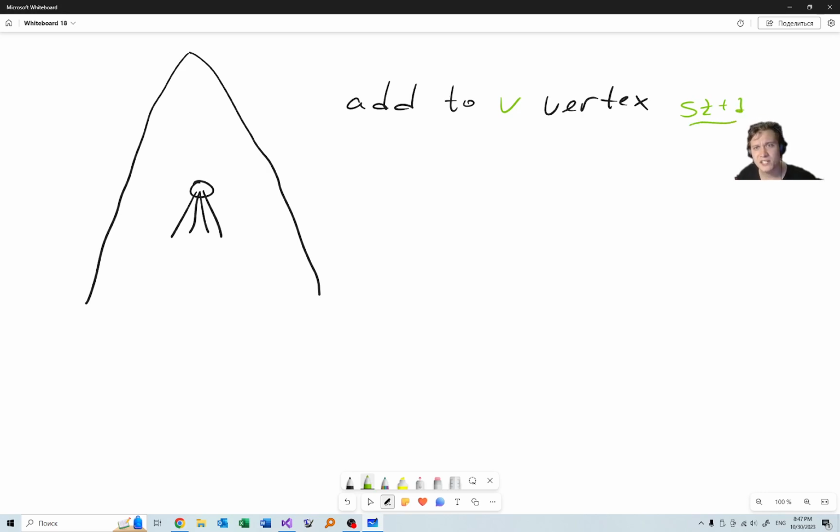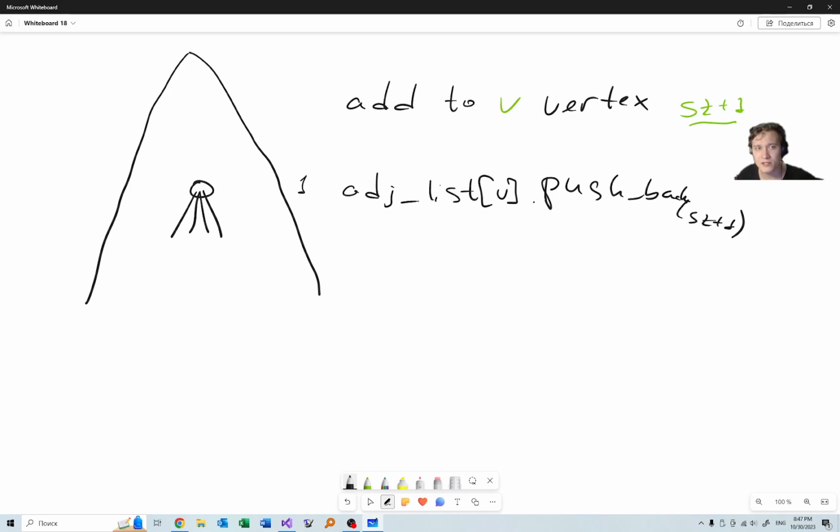You just need to maintain the size, which is easier. And you push back the new vertex to the adjacency list of v. So this is the first operation.